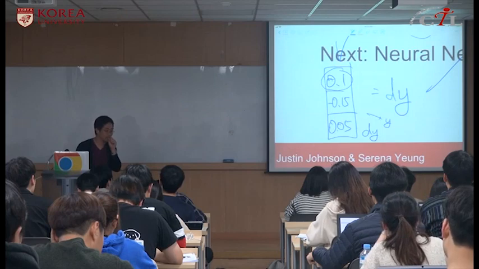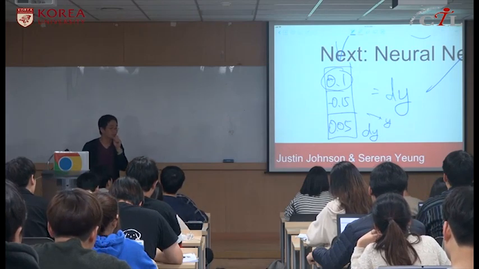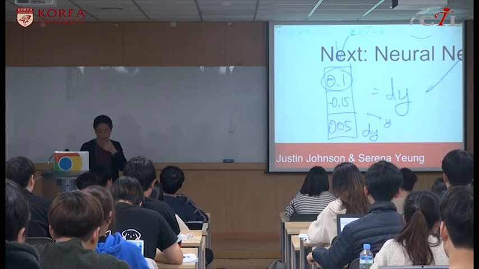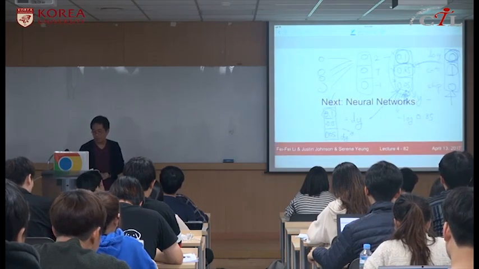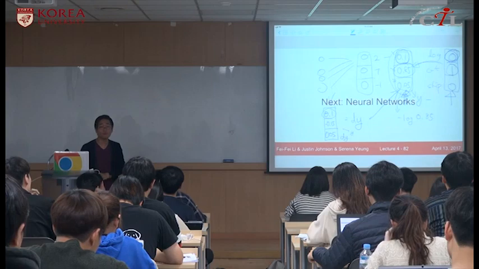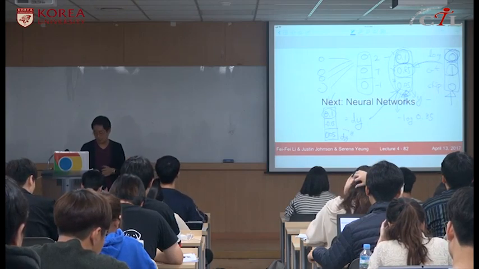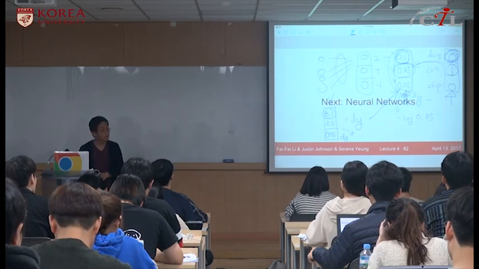My expected answer is no, because this y is not our parameter. It is just an intermediate output in our neural net, right? Our parameter that we can directly update is involved over here, right?